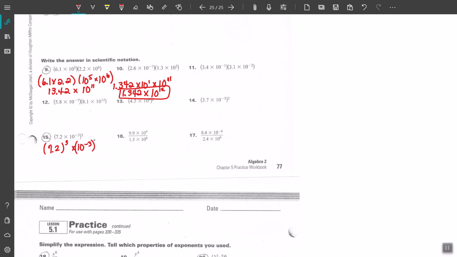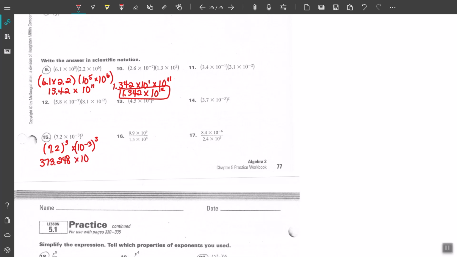We're going to raise that whole thing to the third power. So 7.2 caret 3, that's how we would enter this into our calculator. It will give us this number right here. And you can see right away that is not in scientific notation, so we're going to have to do some work at the end to get it in scientific notation.